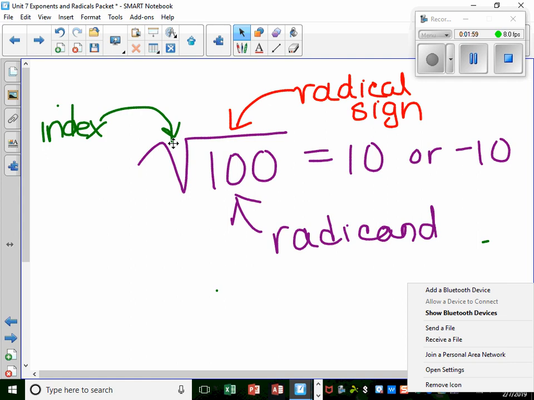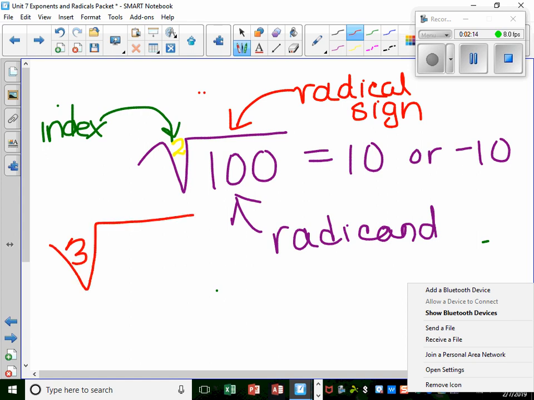Well, when the index is invisible, and I'm going to put this in yellow because we don't write it, it's a 2. Now, I'm sure you've seen the cube root, so the index is 3. But the invisible index is 2.